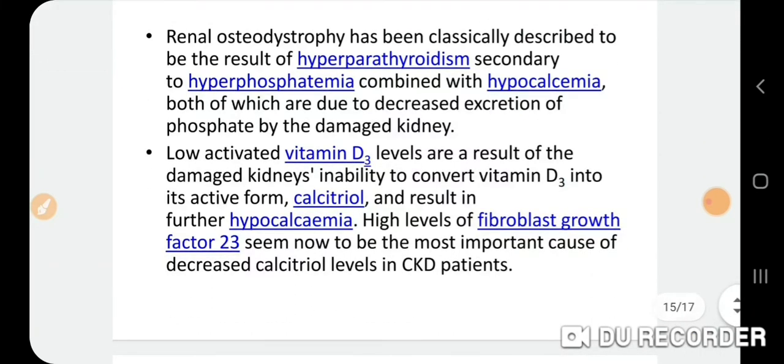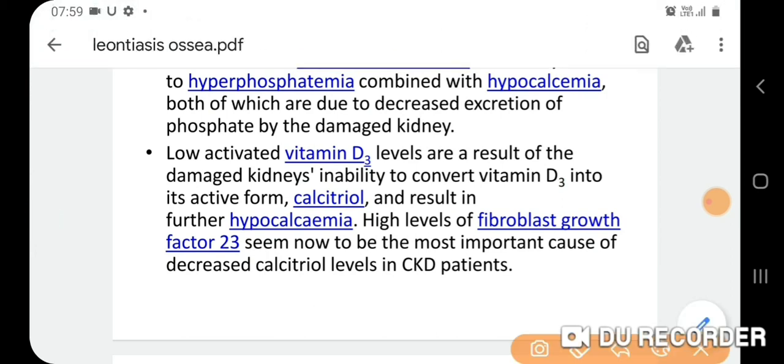Low activated vitamin D3 levels result from the damaged kidney's inability to convert vitamin D3 into its active form calcitriol, resulting in further hypocalcemia. High levels of fibroblast growth factor 23 now seem to be the most important cause of decreased calcitriol level in chronic kidney disease patients.